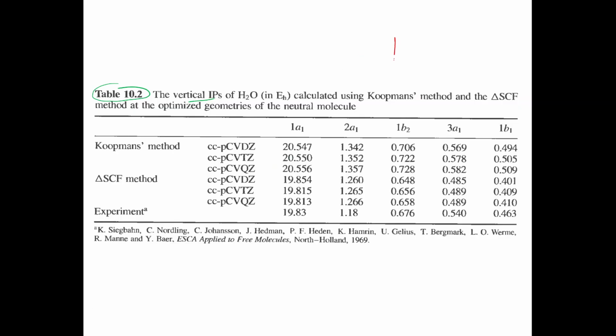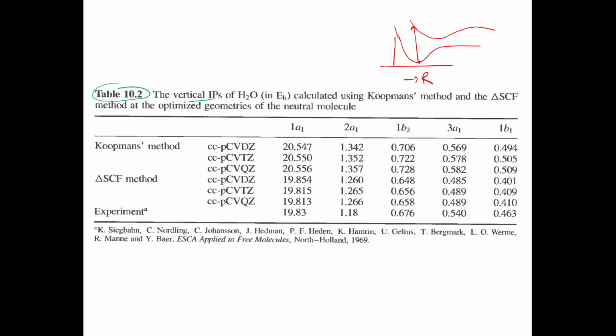Let's say this is your ground state potential, so ground state energy, and this is the n minus 1 state. This is just a rough sketch. You are starting from here, right, and at the same bond distance, so this is your R, this is called the vertical ionization potential.